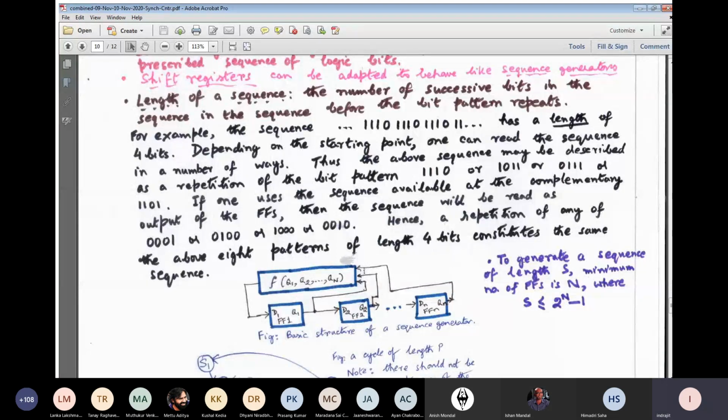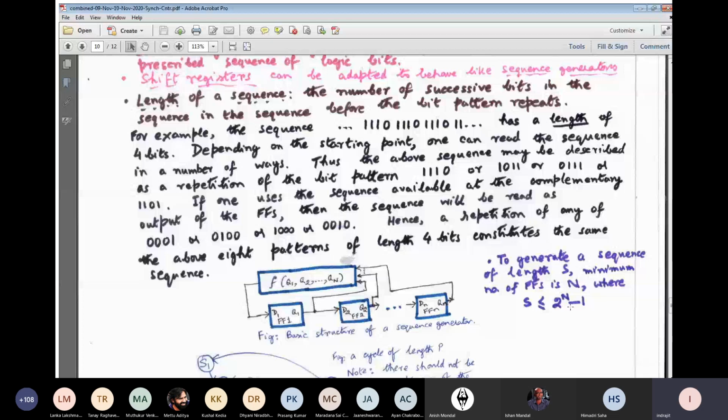To generate a sequence of length S, minimum number of flip-flops required is N. Now, the theory, if you want, that I'm not able to provide you because we are just reading about digital circuits. The actual theory of how it is possible to generate a sequence of length 4 requires the knowledge of linear algebra and combinatorial theory also.